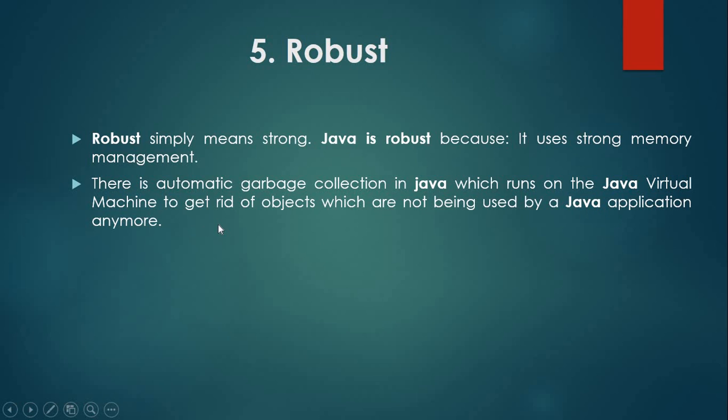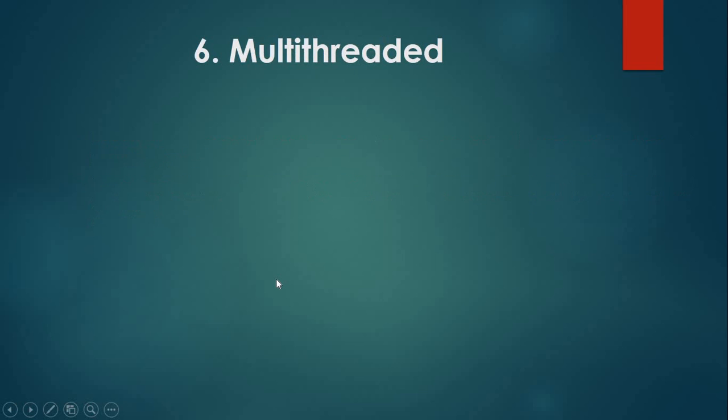For example, in the C programming language, if we allocate any memory by our memory functions, then at the end of our program we will have to free that memory ourselves. But in Java, there is automatic garbage collection, which means that memory will be freed by itself. So that's why Java is robust.